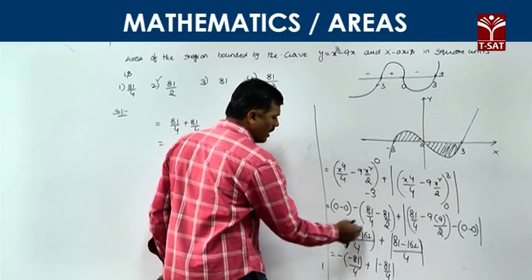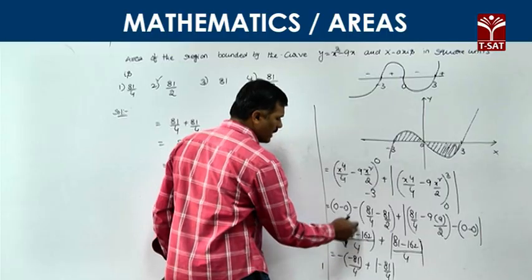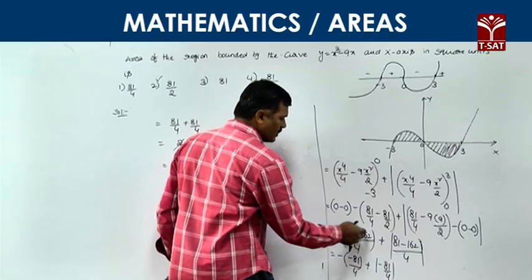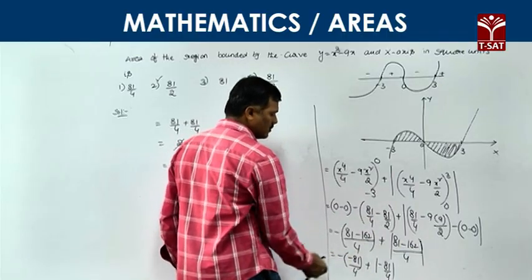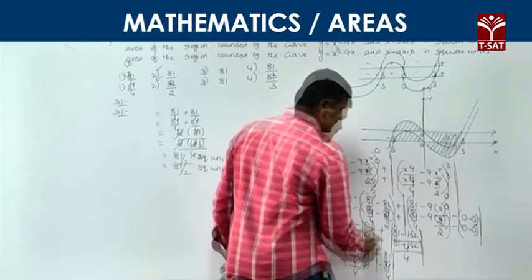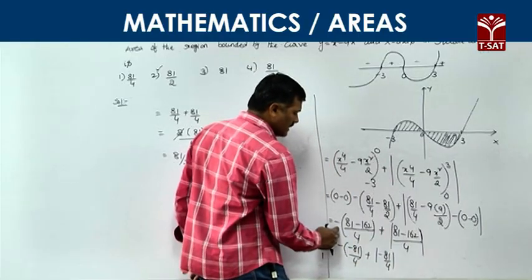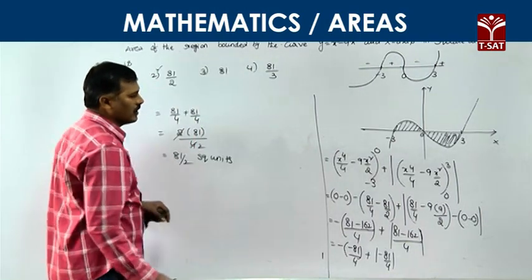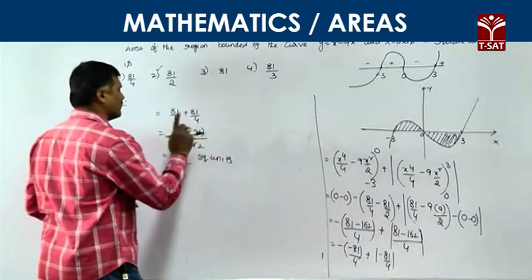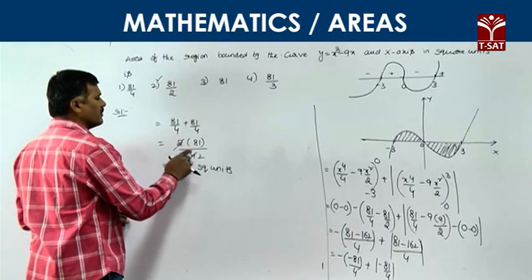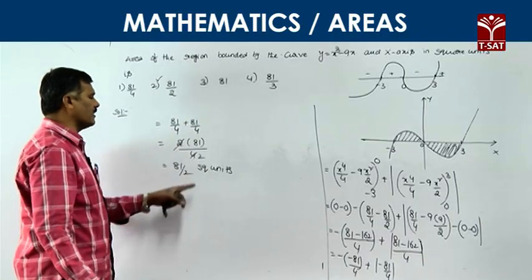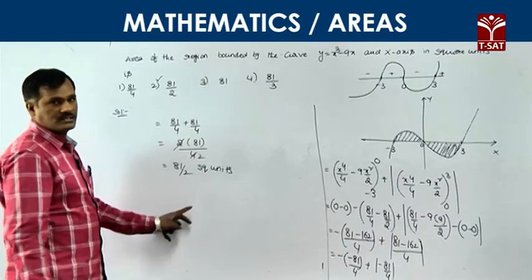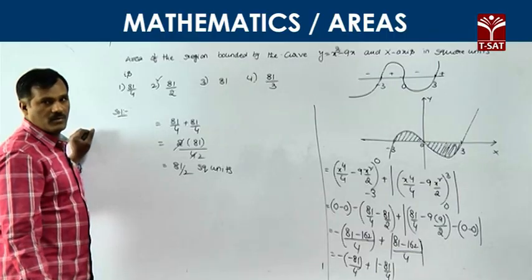Take LCM 4: 4 goes into 4 one time, 1 into numerator 81, and 2 goes into 4 two times, 2 into numerator 81 is 162, by 4. Plus, take the same LCM here. This is a minus of minus 81, that is plus 81 by 4, and taking the modulus of minus 81 by 4 gives plus 81 by 4. Here the numerator LCM is 4, the numerator is 2 times 81, and 2 goes into 4 two times, that is 81 by 2 square units, which is the required solution of the given problem.